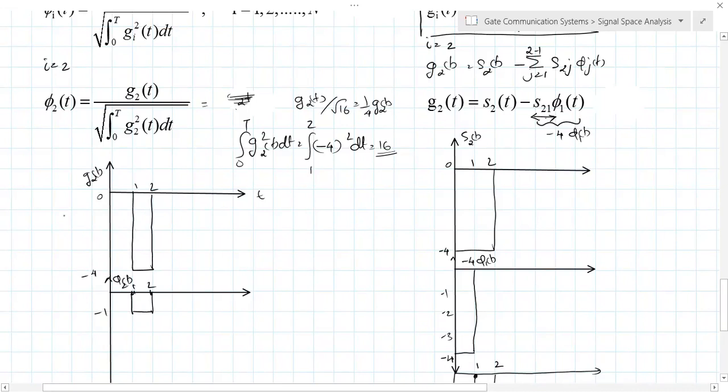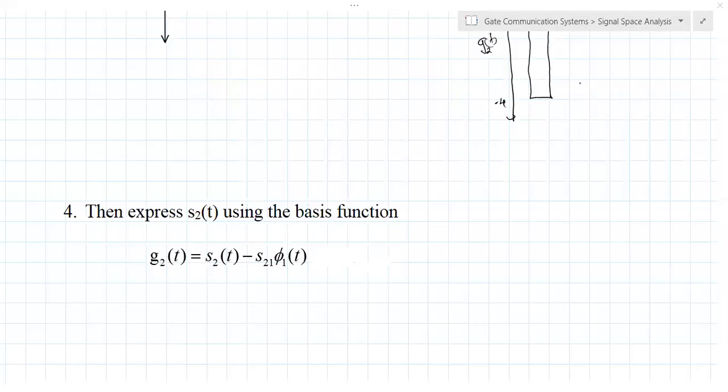So we got two signals, phi 1 of t and phi 2 of t. Now we need to express S2 of t in terms of this phi 2 of t. In the previous expression, we know that G2 of t is S2 of t minus S21 phi 1 of t. We'll write another way.